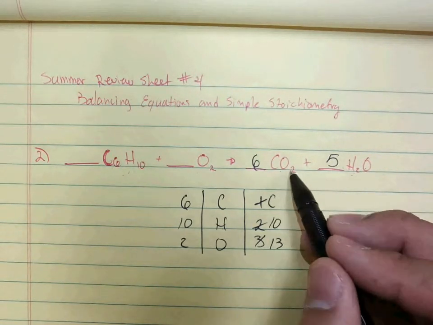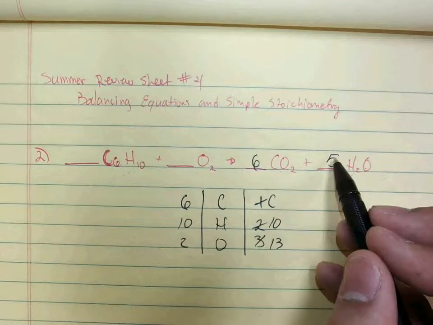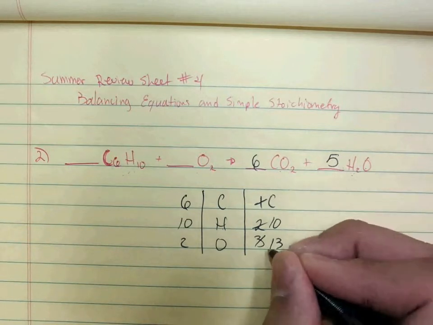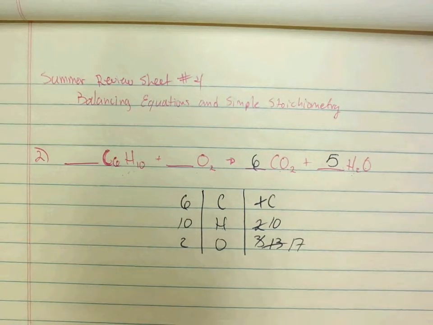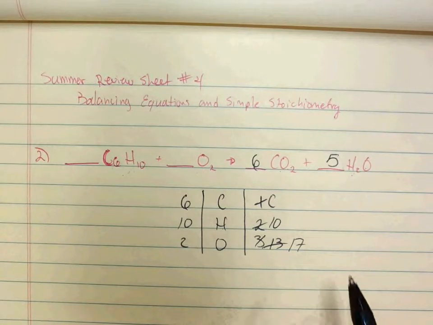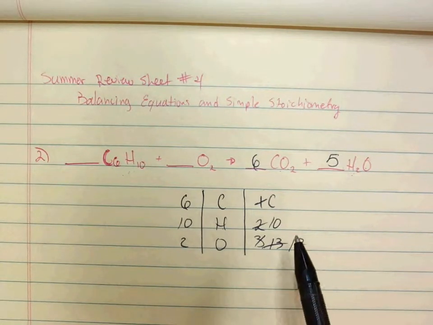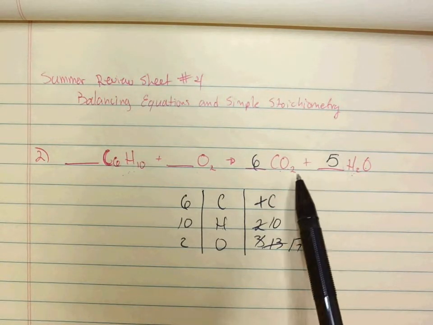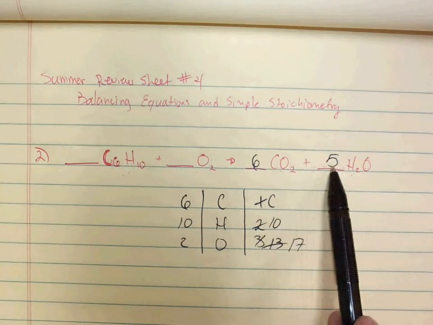So I have 12, 13, 15, 16, 17 oxygens. That is not balanced. What I could do is give up and cry, but let's find a way to have these numbers match.